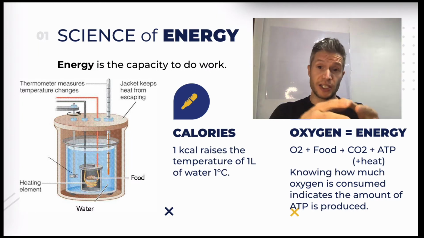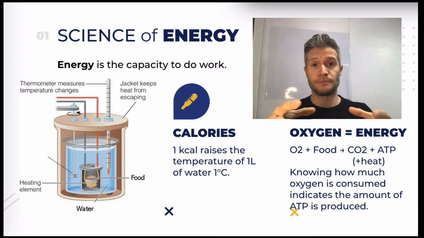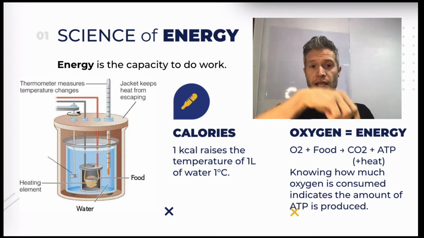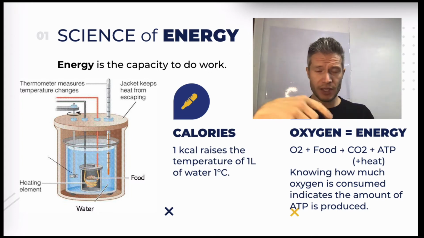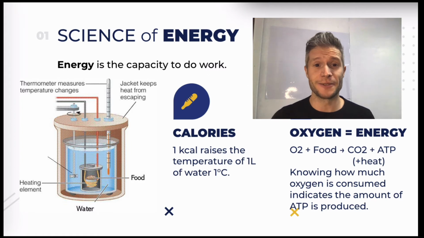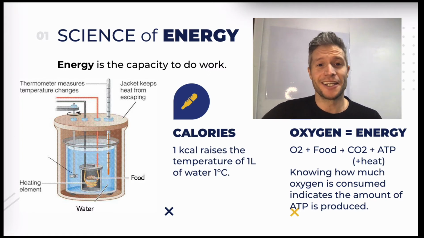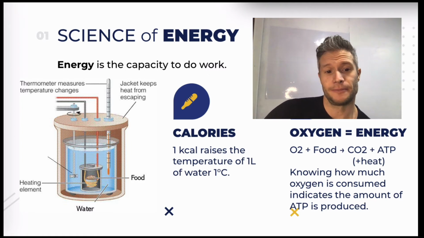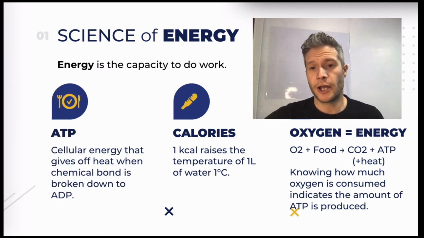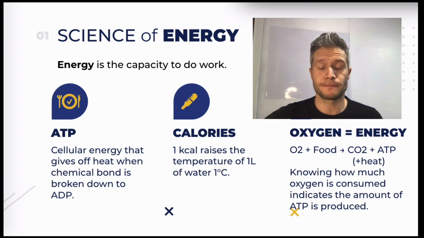However much heat that puts off will heat this enclosed container of water around it, with a thermometer in it. And when you see an increase in temperature, that has a direct correlation to how many calories the food has. And that's what they do in testing sites.